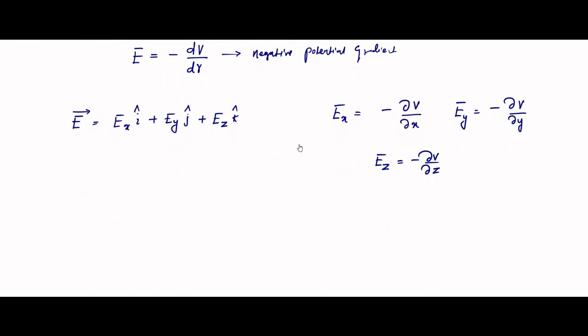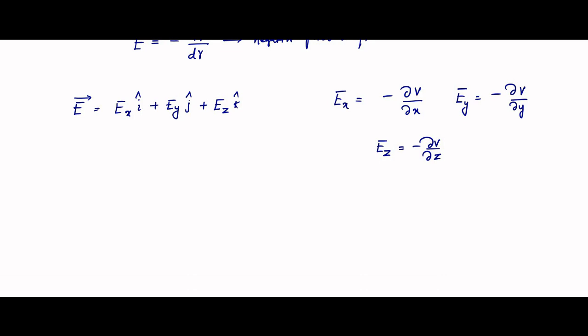Ex, Ey and Ez, the respective x, y and z components. So Ex is equal to minus del by del x of 2x square plus 3y cube minus 5z square. Everything else is constant, so only with respect to x, that will be equal to minus 4x.